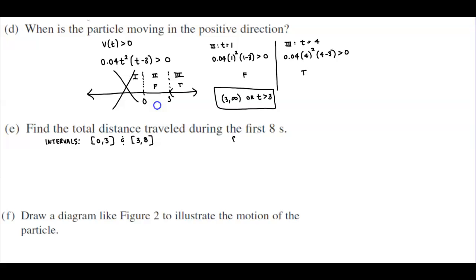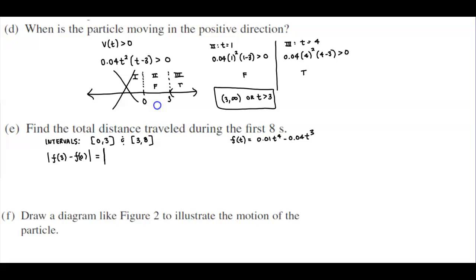So recall that f of t, or s of t, is going to equal 0.01 t to the 4th minus 0.04 t cubed. So what we want to do is find the first interval, which is the distance of f of 3 minus f of 0.